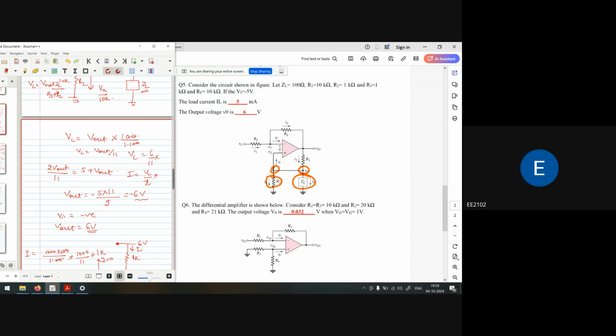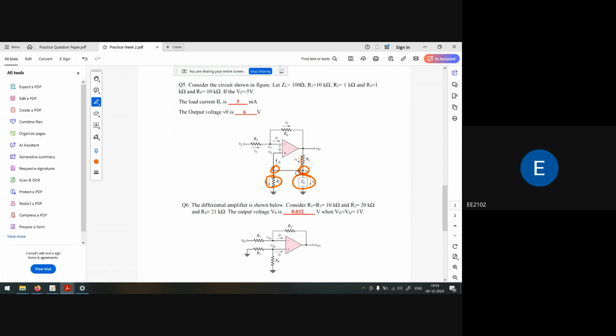R2 by R3 plus R2. It can be that only when ZL is absent. What I do here is that I am just considering my current will be going in this way. But I3 also has IL, right?